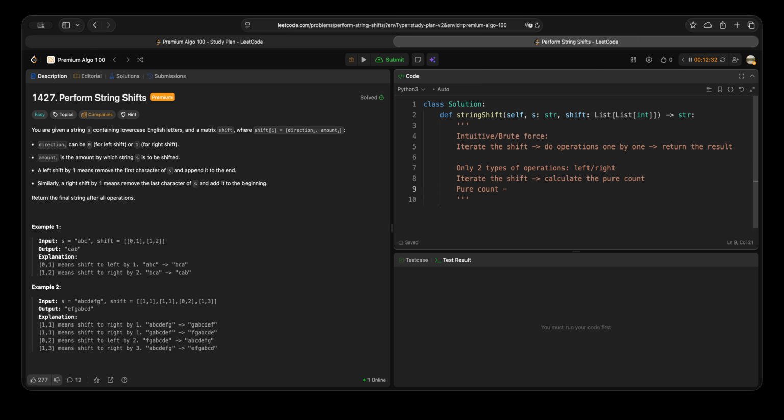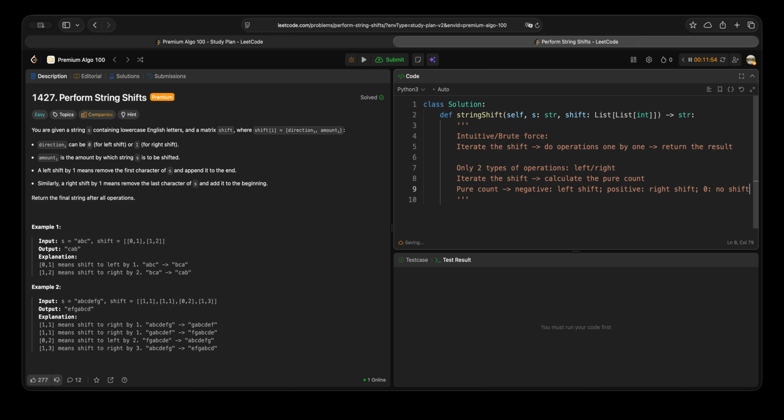If it's negative, then the final pure shift should be a left shift. Another condition would be positive. If it's positive, then the final shift is going to be a right shift, or it could be 0 as well, right? When it is 0, then there is no shift.